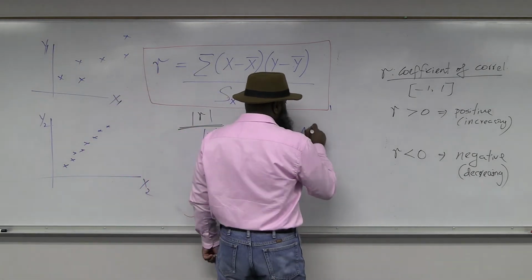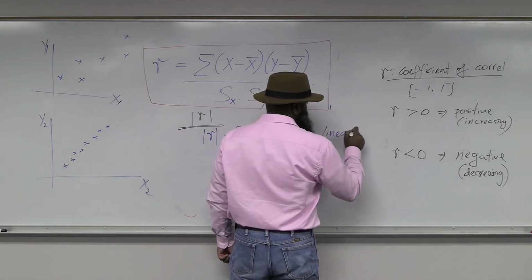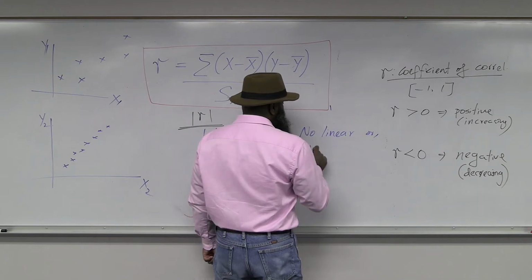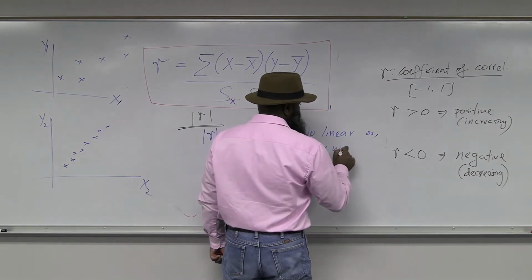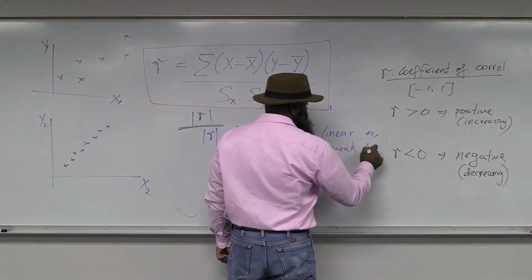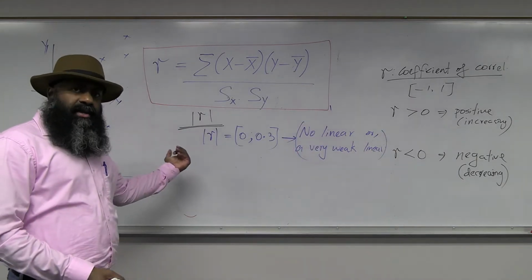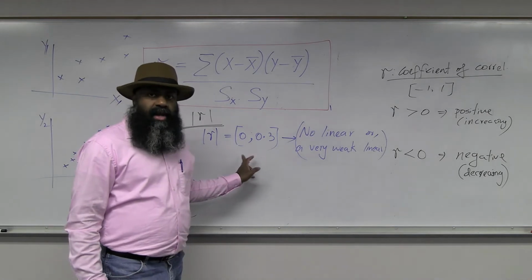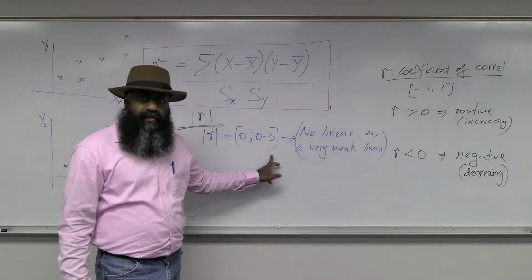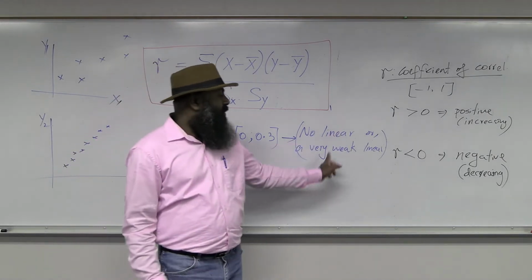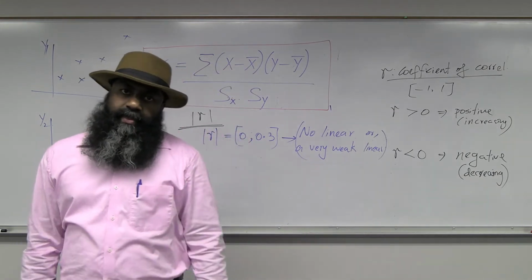Okay? No linear relationship, or a very weak linear relationship. That means if I go for the negative side, this should be between negative 0.3 and 0. Still we say there is no or very weak linear relationship.